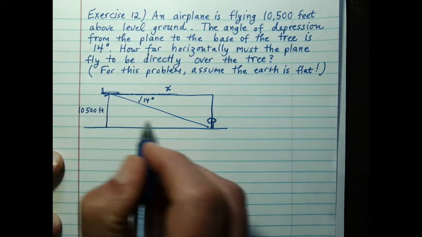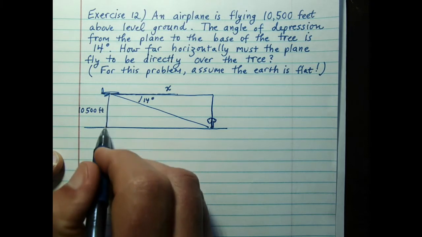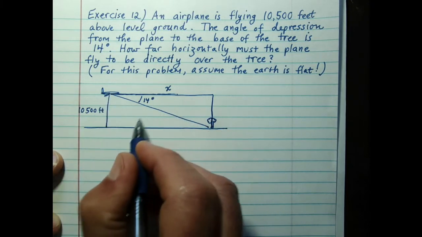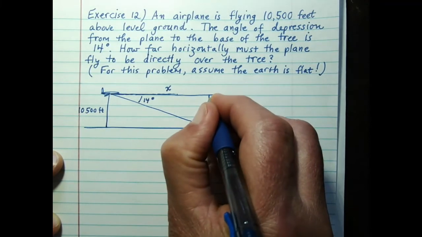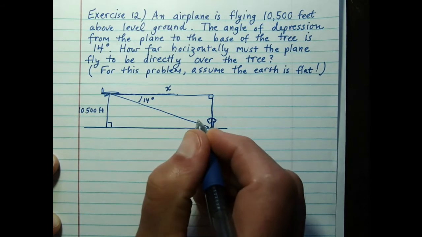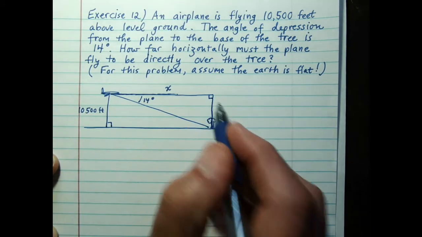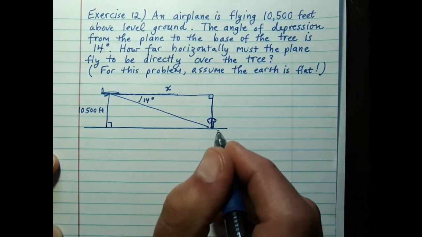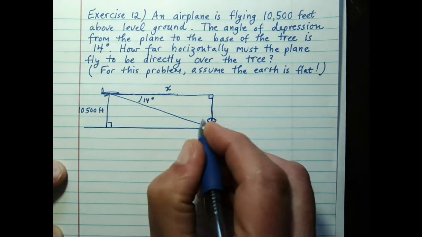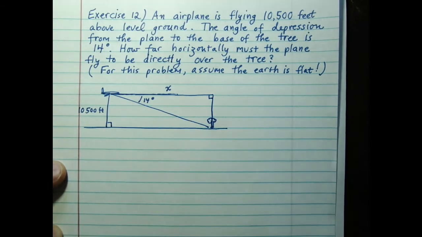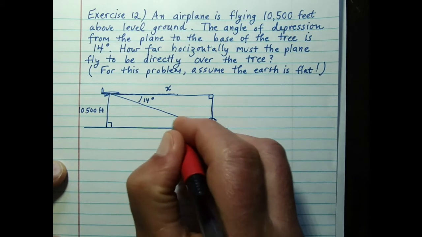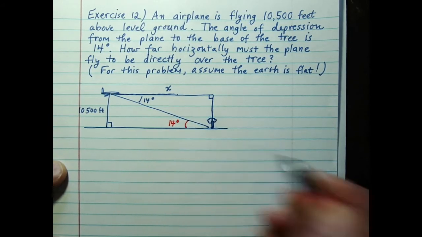There's actually a couple of right triangles in this picture. If you see this as a rectangle with a diagonal, those two right triangles, either this half or this half, have the same dimensions, are congruent, they have the same angles. Just make sure you realize that if this angle is 14 degrees, then this angle would also be 14 degrees.